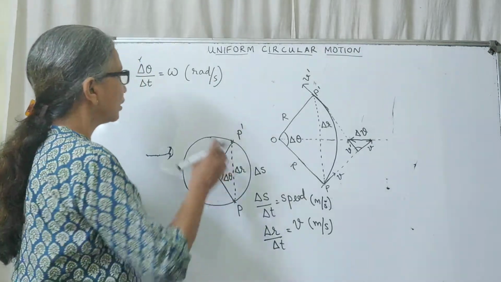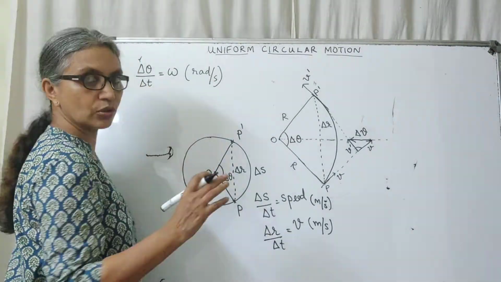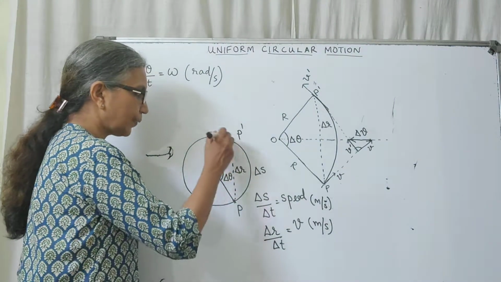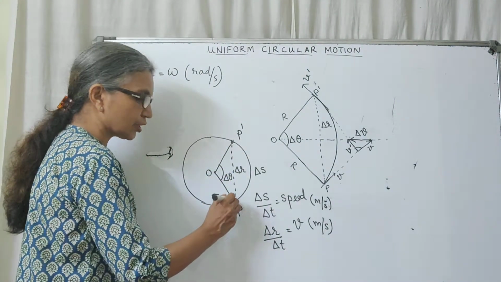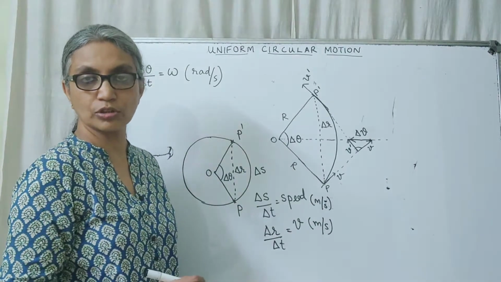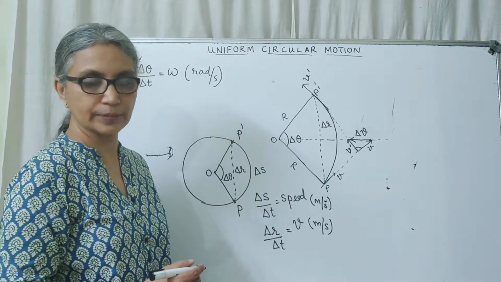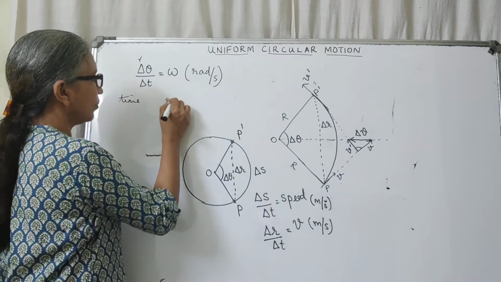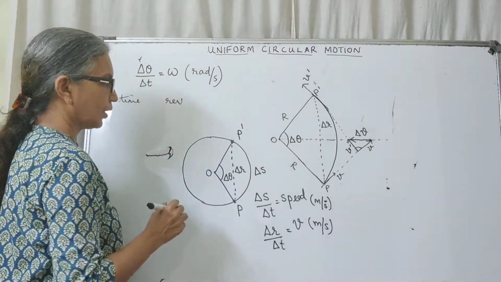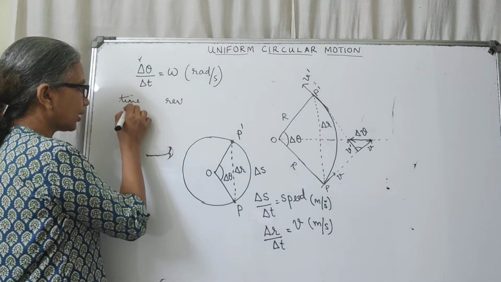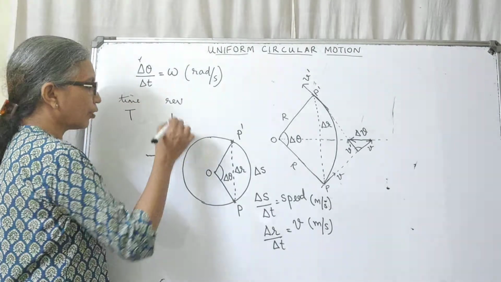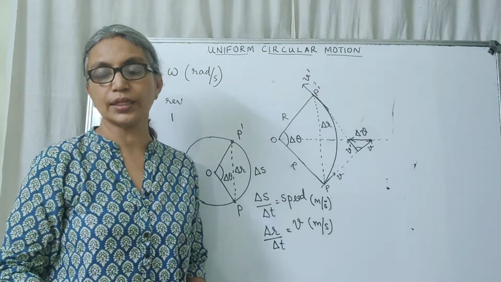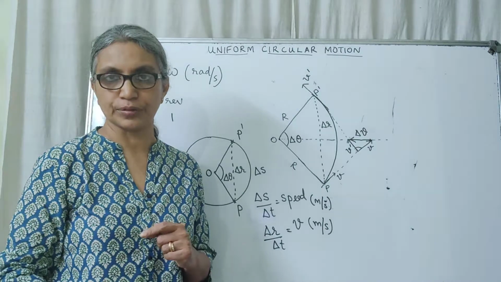Now, also I think you know from 9th standard that when a particle starts from here, completes one revolution and reaches back here, the time taken is what you call as the time period in seconds. So, if I write the time here and the number of revolutions made here, for a time period T, the number of revolutions will be 1, because we define time period as the time taken for completing one revolution.